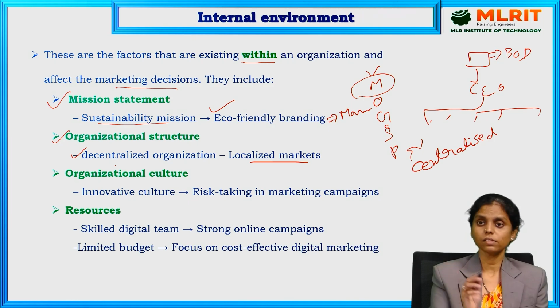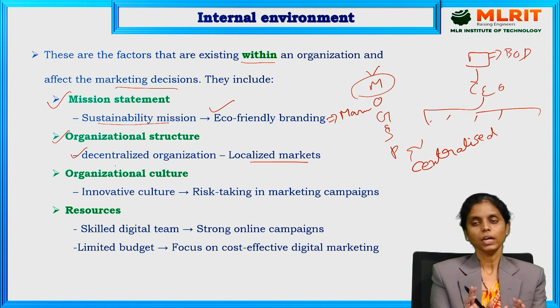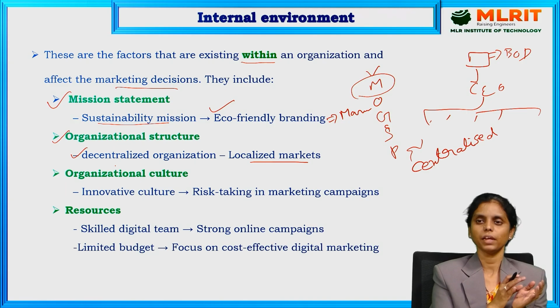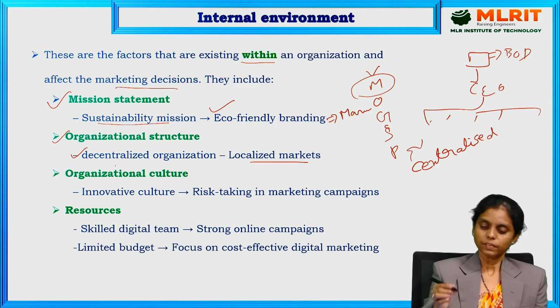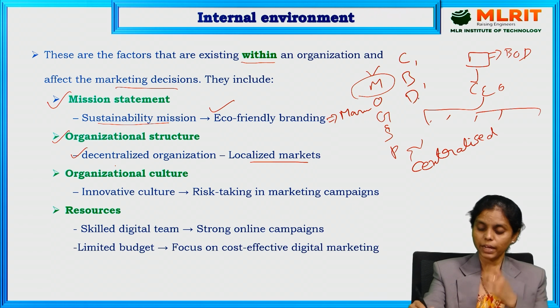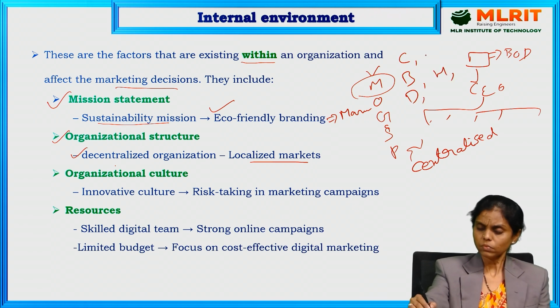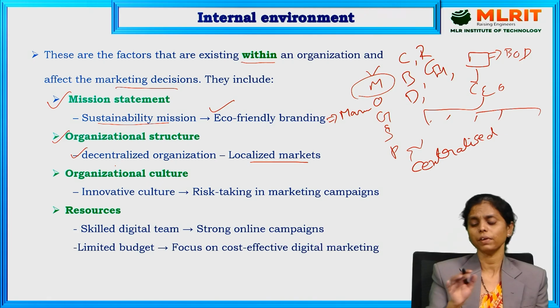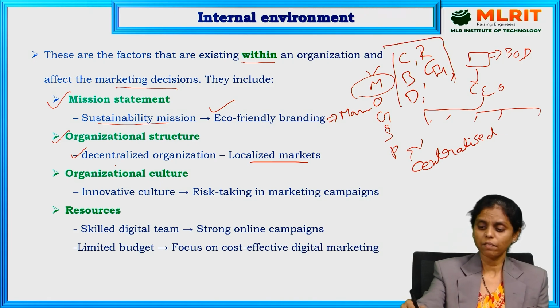Like let us consider a company is distributing their products throughout India. If it is a decentralized organization, the taste and preferences of every geographical area will change. For example, they have their branches in Chennai, Bangalore, Delhi, Hyderabad, Rajasthan, Gujarat, all these different areas where they have their branches.